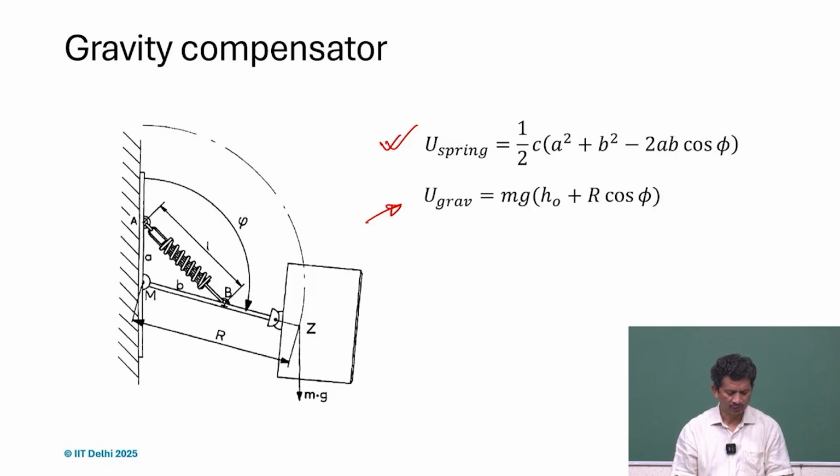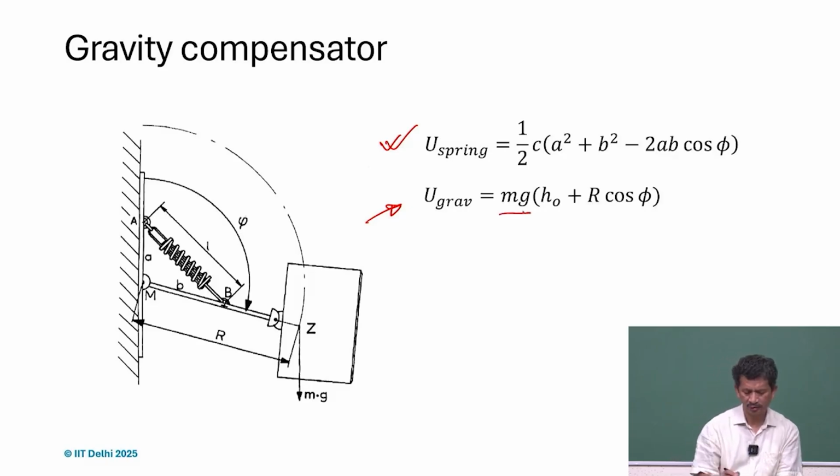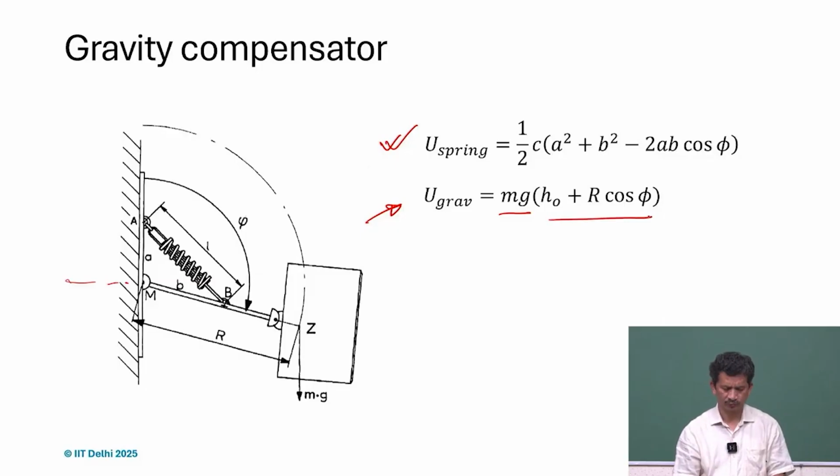Because of the mass itself we have mgh, so mg, and because of the repositioning, h is h0 plus r cos phi. That is because of the gravity.